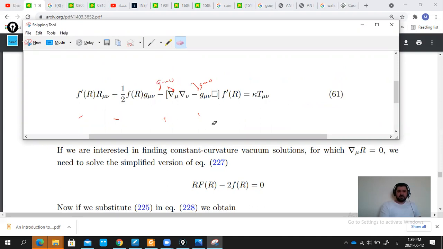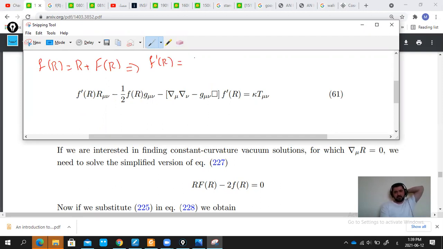I didn't notice this before when I prepared this lecture. Reading is always completely different from working on the equation. So if f(R) equals R plus f(R), then f prime R will equal 1 plus f(R).